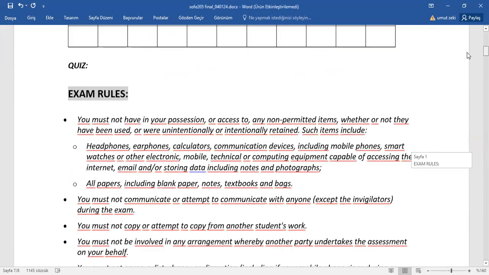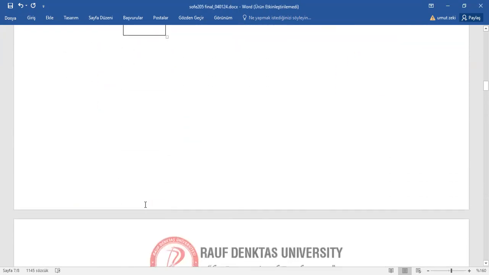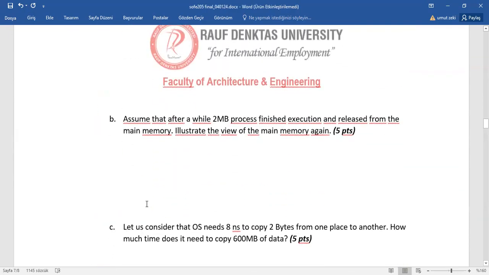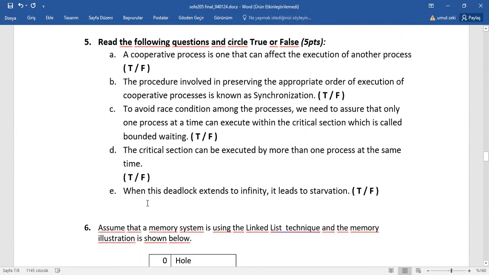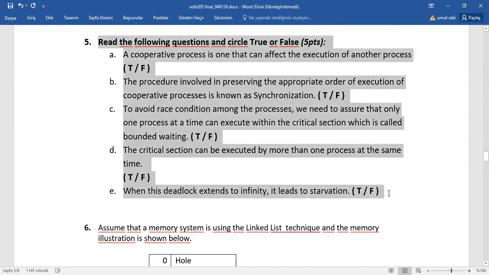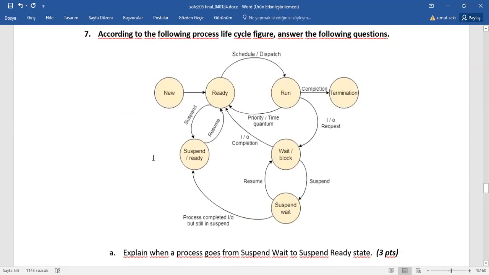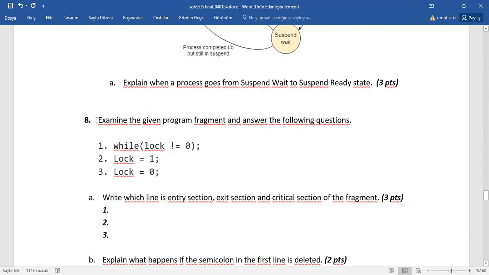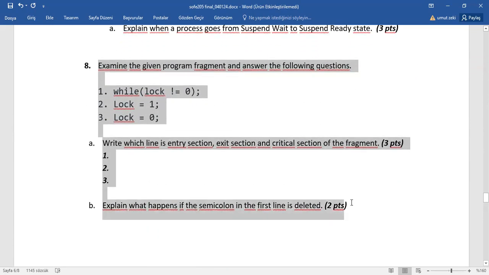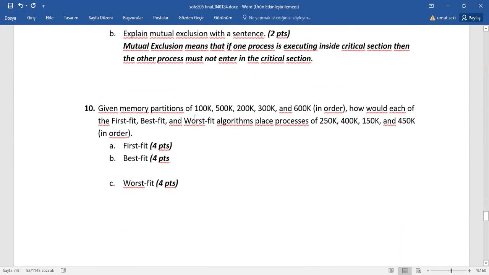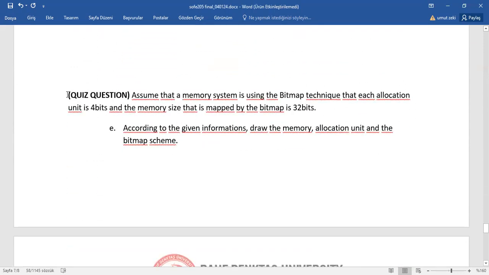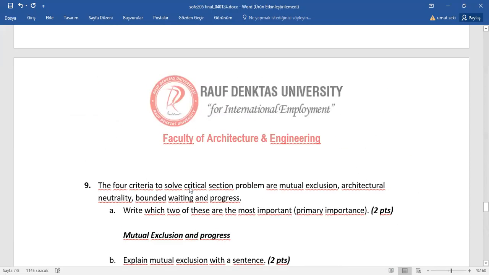I said to you that I'm not going to ask these true-false questions like this. I'm not going to ask a question like 8, and I will not ask quiz questions like this, I mean bitmaps.